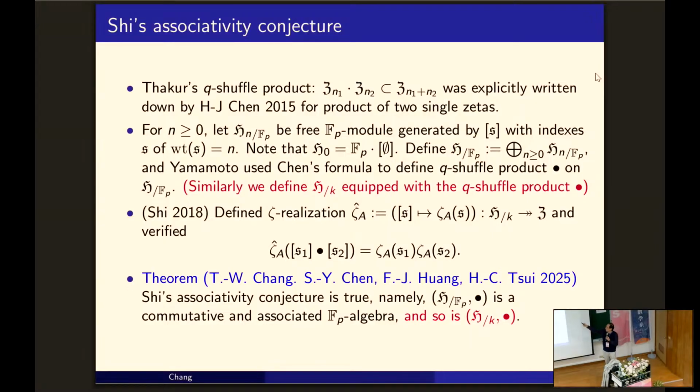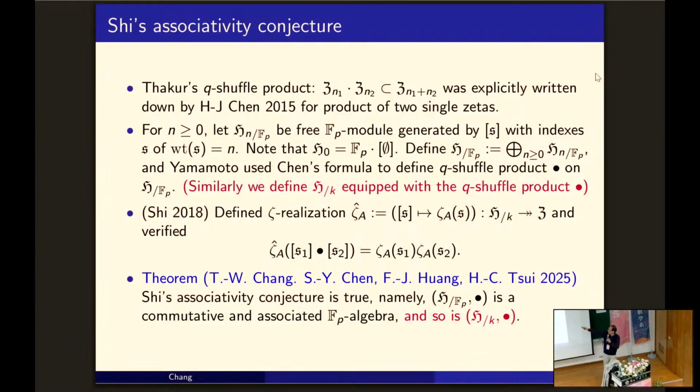Now we consider all the indices, and we consider the vector space spanned by indices. For the empty index, we use H_0, and I should emphasize the vector space is over F_p.